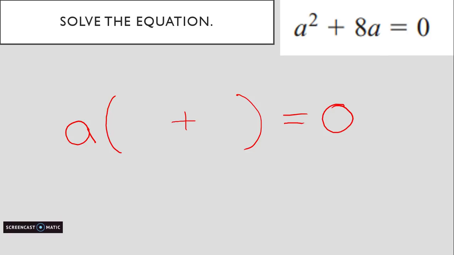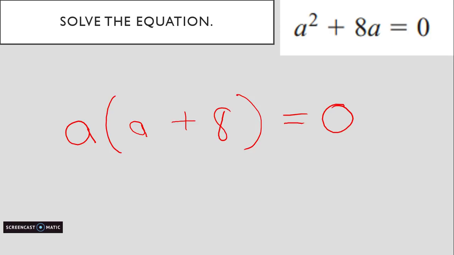Okay, so A times what is going to give us that A squared? Well, I know that A times A is A squared. And so I just need the A there. And then in order to get the 8A, A times 8 is going to give us 8A.